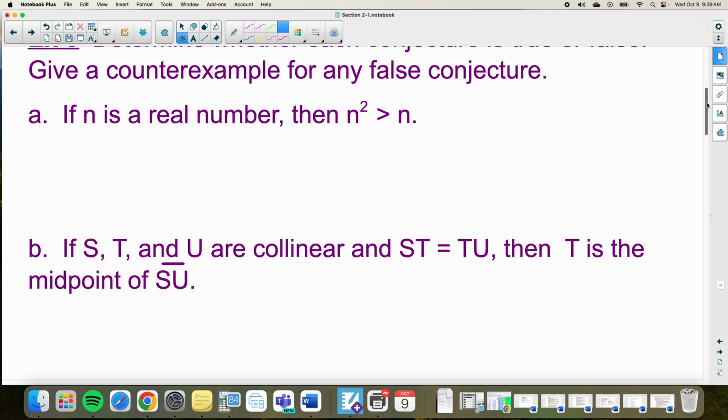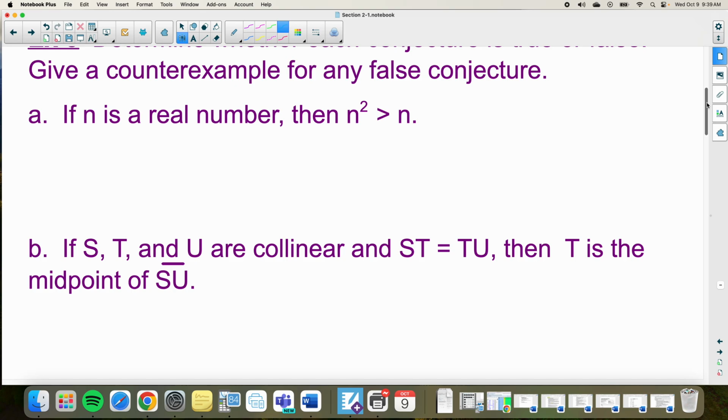So when you try these out, you want to try like a positive number first. If it works for 2, it's going to work for 4 and 6 and 9 and 20, okay? If it works for a positive number, then try a negative number and see if it works. If it works for both of those, try 0. If it works for all of positive, negative, 0, then I would try a fraction or a decimal, okay?